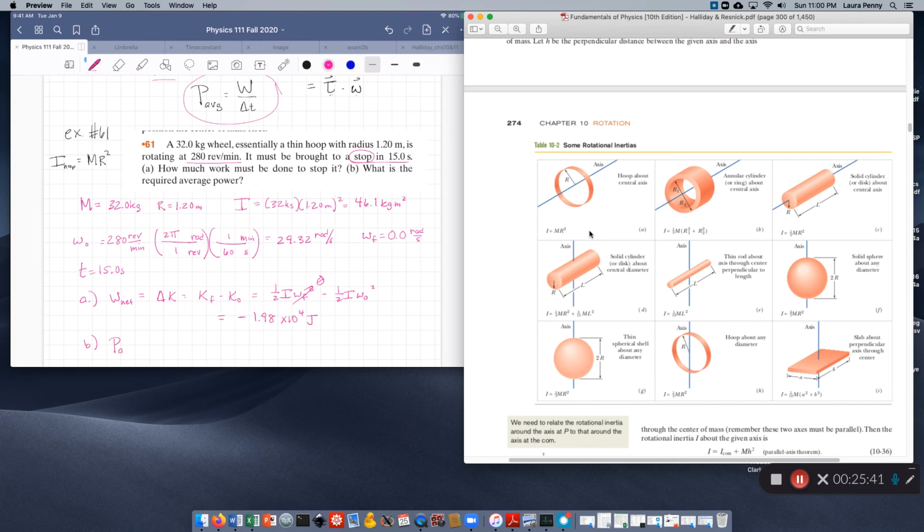So the average power is this work, 1.98 times 10 to the 4 joules, divided by 15 seconds, which is 1.32 times 10 to the 3 joules per second, or watts.